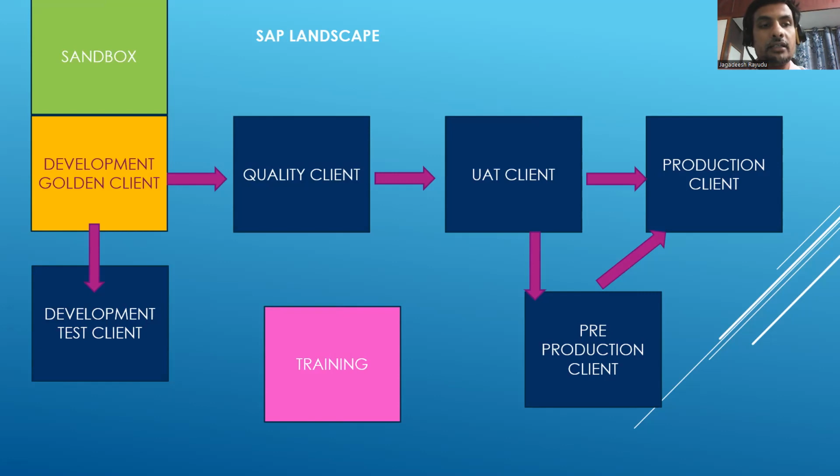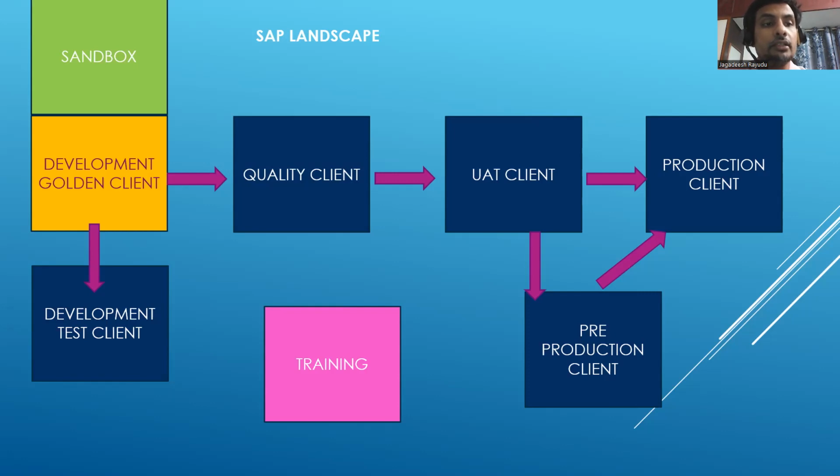See, golden client shouldn't be allowed for testing, because this is the same development client used by multiple people from different modules and different technical consultants, from ABAP to support your functional requirements.